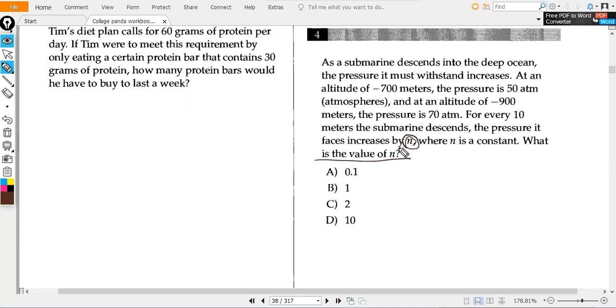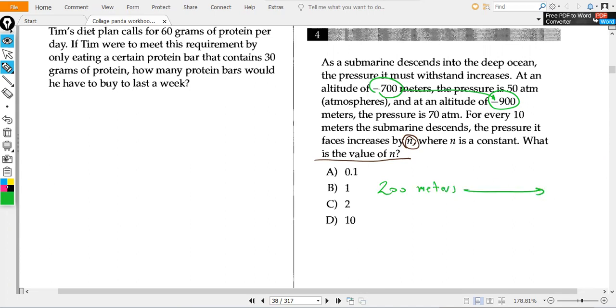n here is the rate of increase, the rate of change. So let's take some information from the question. The distance from negative 700 to negative 900. How many meters do we have here? 200, good, 200 meters.